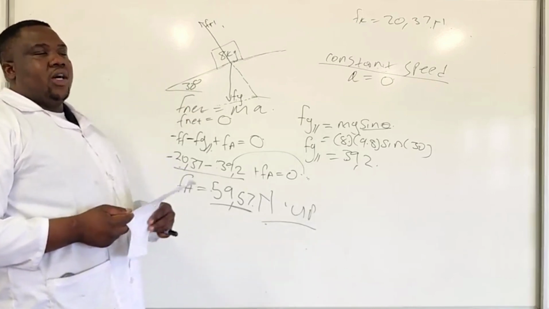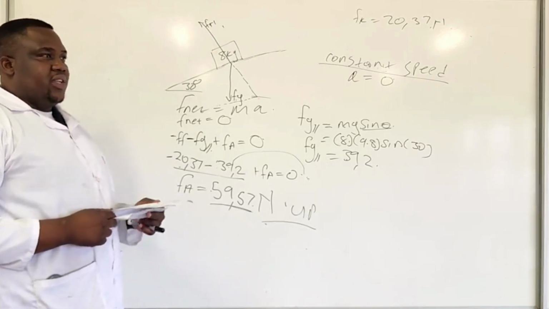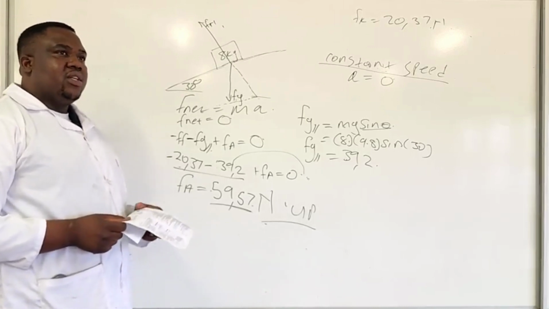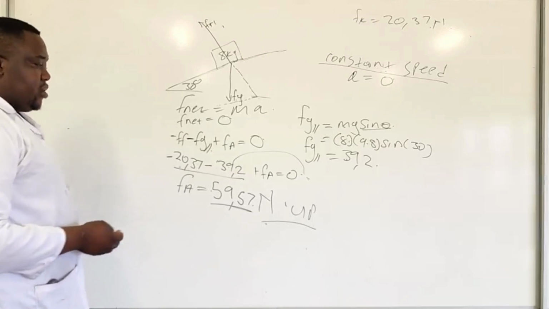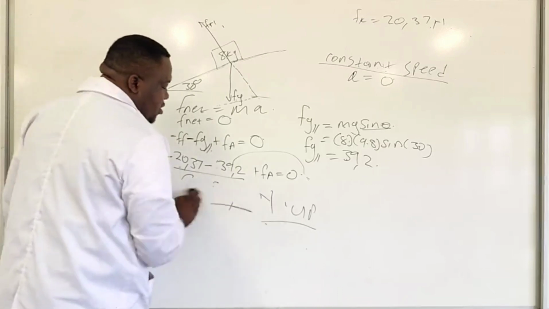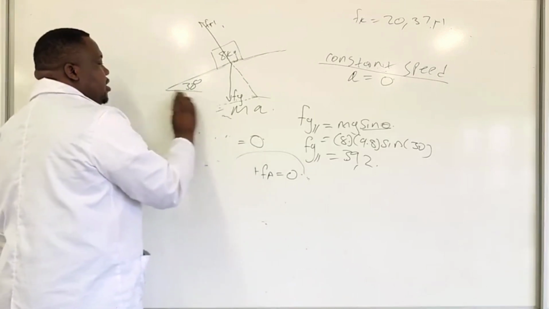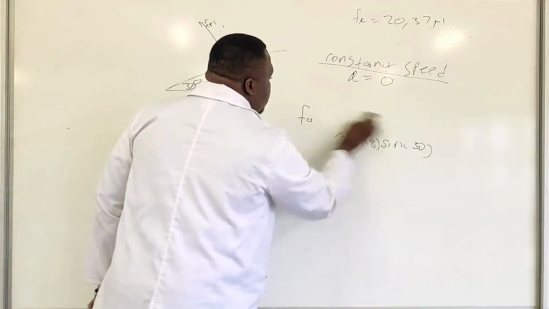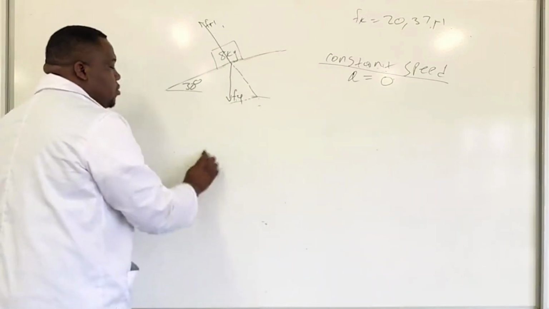So as the object was moving down, they need us to calculate the magnitude of the acceleration. Because now the object is no longer moving at constant velocity, because the constant force was removed. So now, let us calculate the acceleration in that scenario. It's a scenario where there is no applied force.